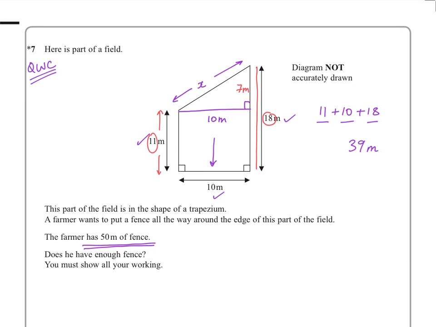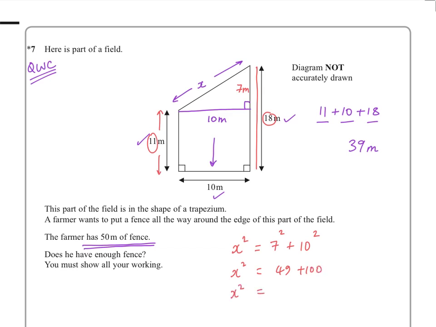So using Pythagoras' theorem, we can work out that x squared, the hypotenuse, would be the sum of the squares of the smaller sides. So we'd have x squared is 7 squared plus 10 squared. That would give us 49 plus 100.